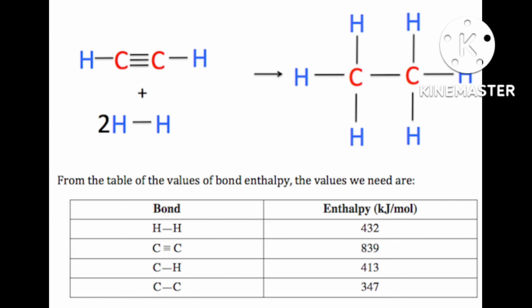It is the summation of bond enthalpies of reactants minus the summation of bond enthalpies of products. Delta RH standard, all are standard. In the last class video I gave one numerical; the first numerical was only that.